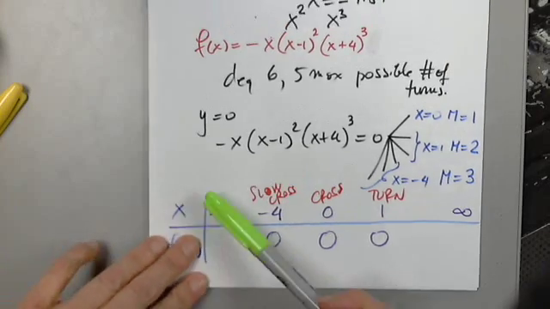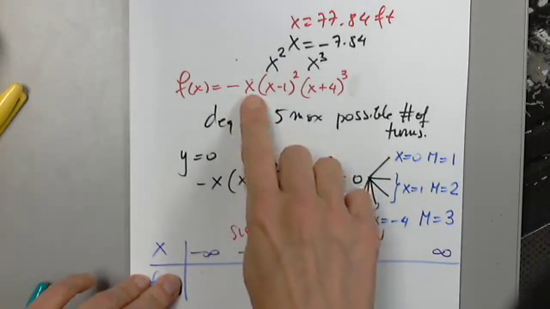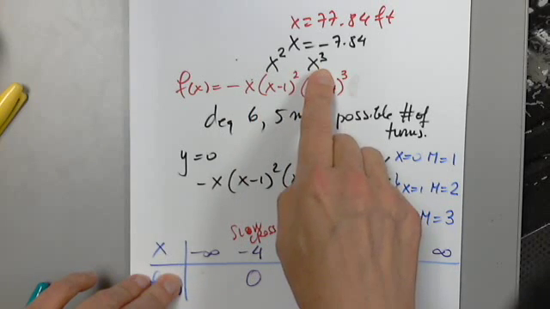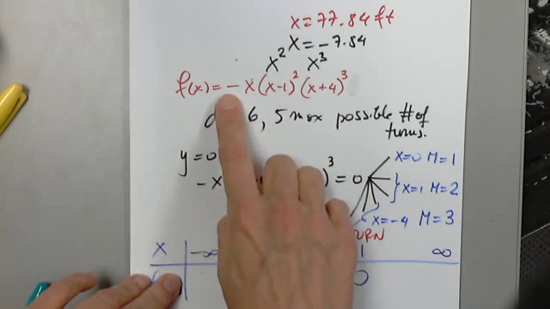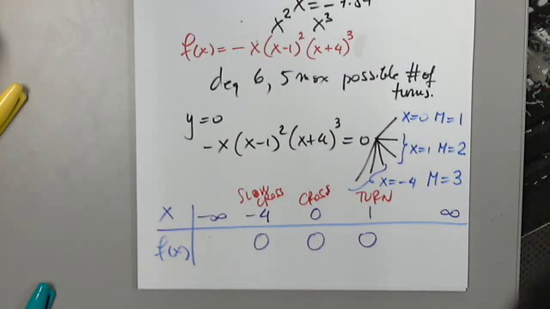So now let's discuss the end behavior. The leading coefficient, when I multiply negative x by x squared by x to the third, it will be negative x to the sixth. So then the leading coefficient is negative. Since it's an even degree, do I think of the linear function or quadratic function? It's even degree.